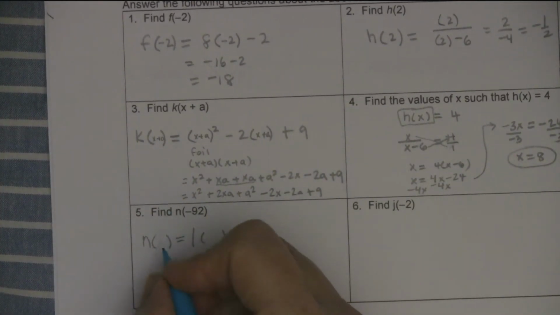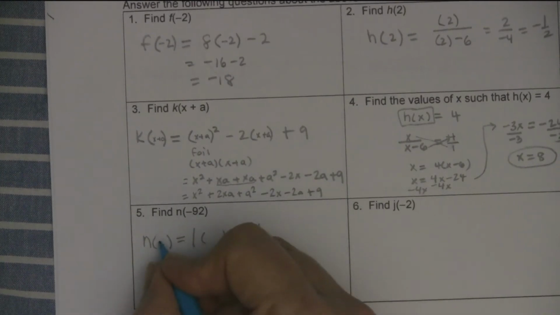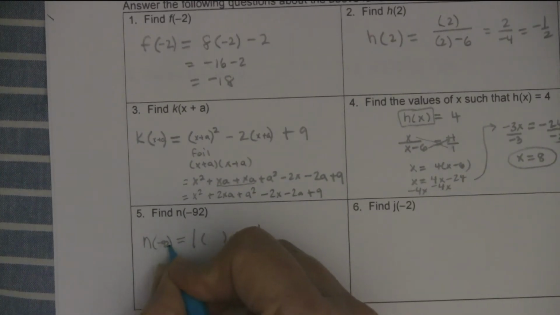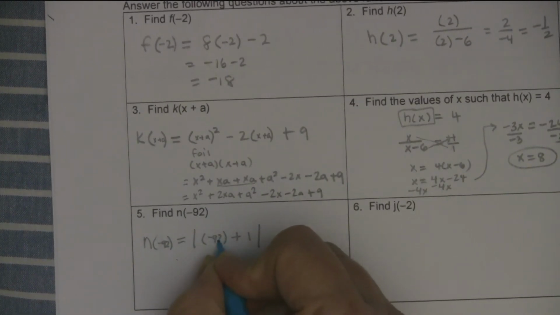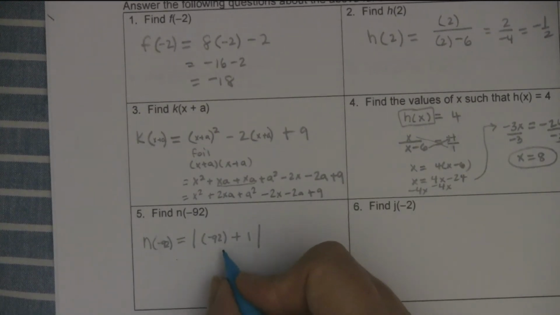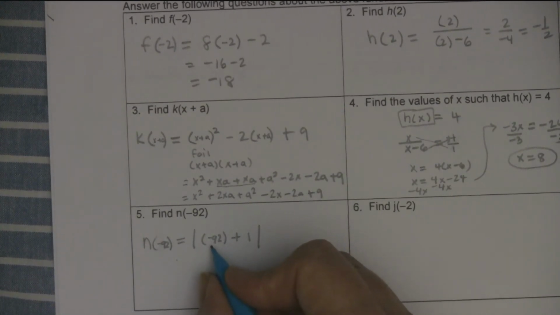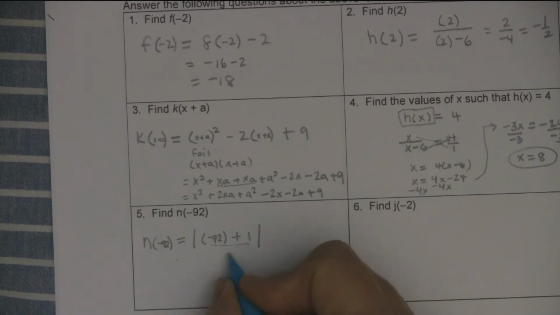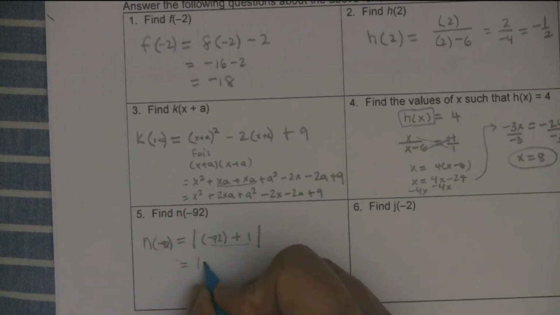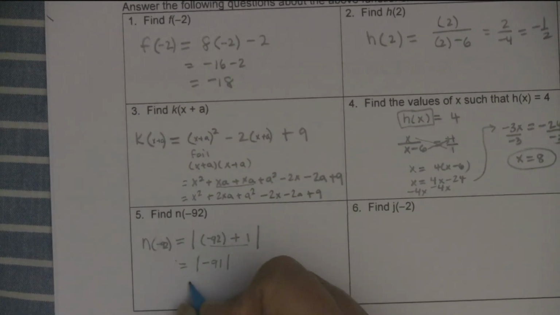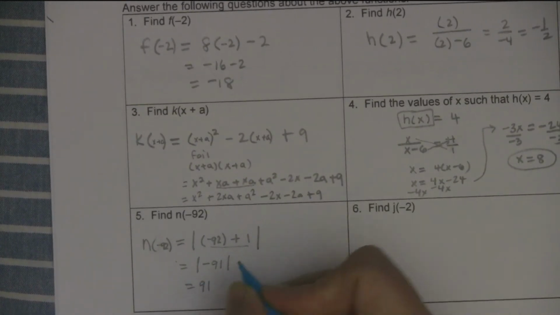I like to just leave space there, and I like parentheses. So in here I'm going to put -92 and -92 because it is just substitution and parentheses are implied. When I add these together, I get -91. So this is the absolute value of -91, and the absolute value of -91 is +91.